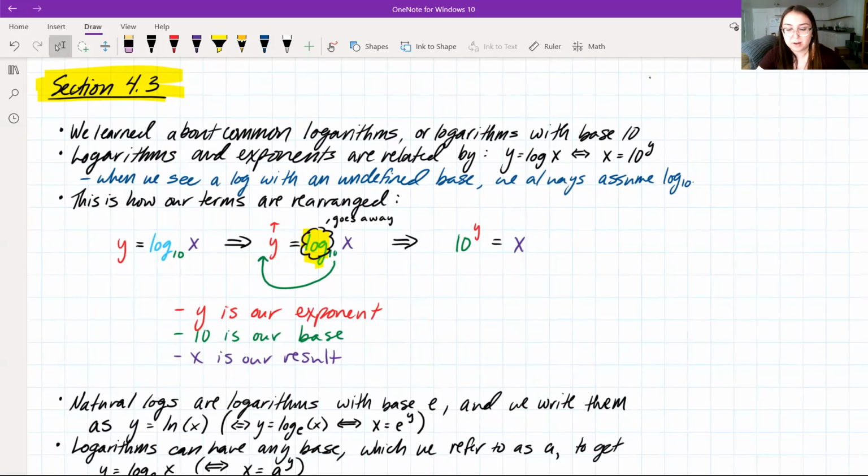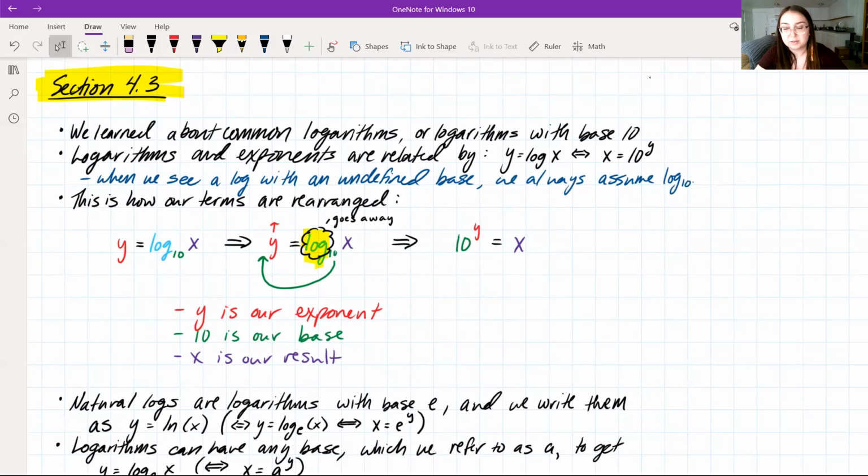So in our second point, we see that there's going to be y is equal to log of x. So there's no log base 10 written, but we always assume that since there's no defined base, it means log base 10. Then we have that our logarithms and our exponents are related by saying that y is equal to log, in this case log base 10 of x, is the same thing as saying x is equal to 10 to the power of y.